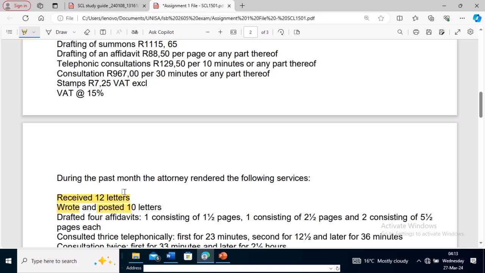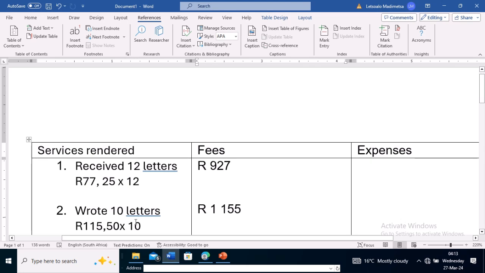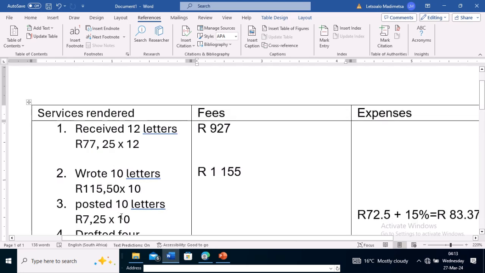So we say 7 rand 25 cent times 10, and the amount we get, we say plus 15%, which is VAT. 7 rand 25 cent times 10 gives us 72 rand 50 cent, and then we say plus 15% VAT. When you multiply, it shows you the amount which is for tax, and then you add it.